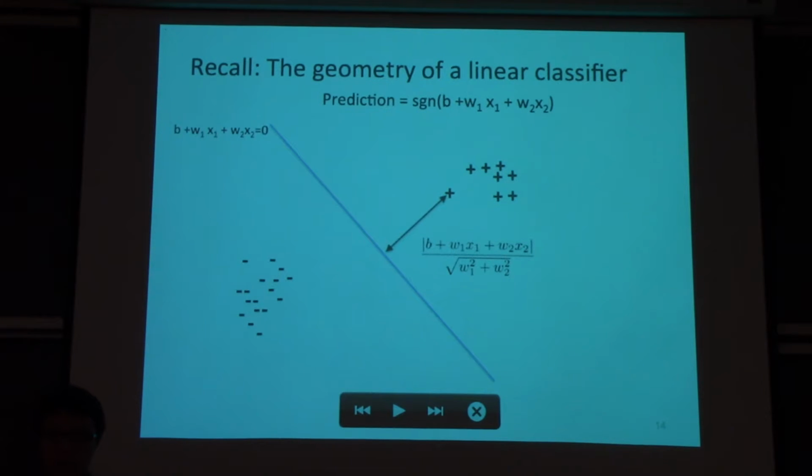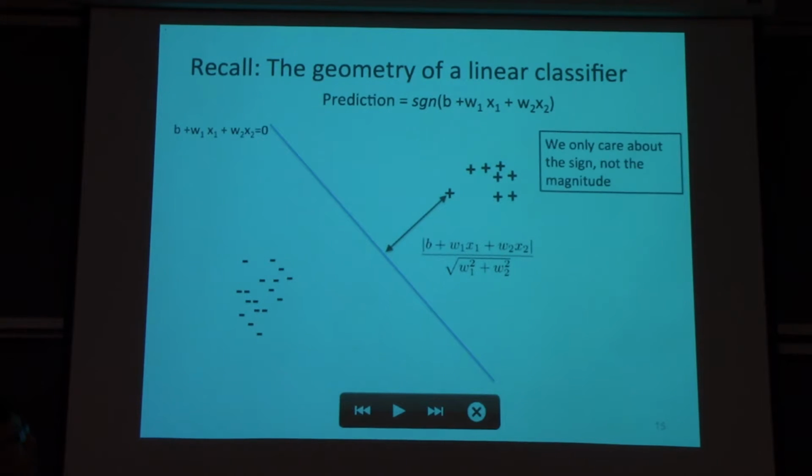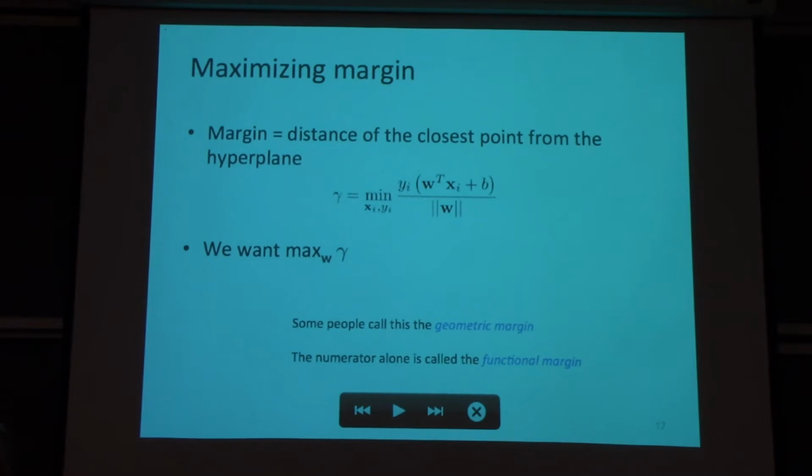There are lots of hyperplanes, and we want the one with the maximum margin. The hyperplane equation is defined by W and b, and we only care about the sign, so we have the freedom to rescale W and b together by a constant. It doesn't change anything.